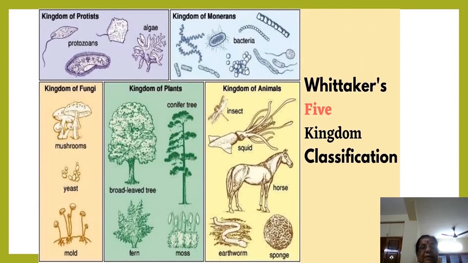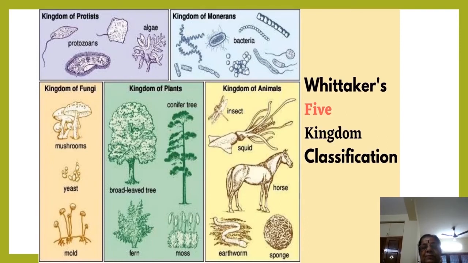We take the five kingdom classification, starting with kingdom Protista, where there are protozoans and algae. First, kingdom Monera.